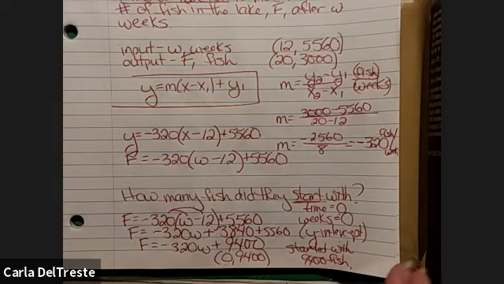Okay, and I want to do one more, just to give you a well-rounded problem. So the last one I want to do is, I just lost the one I wanted.